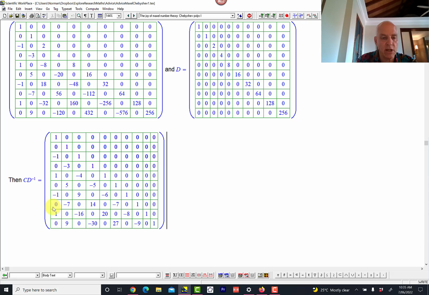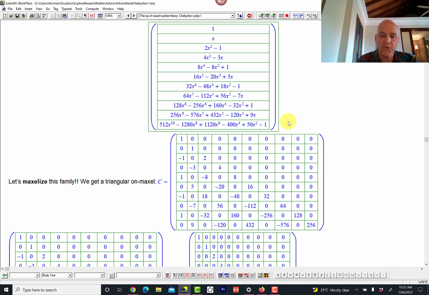And you can see that the result is, in fact, simpler. So this is now a simpler object, and we've got it via matrix multiplication. Admittedly, not a very complicated one because we've just been multiplying by a diagonal matrix. But anyway, we have in some sense simplified our understanding of these Chebyshev polynomials by doing this. This is a simpler kind of data structure than the original C up here was.